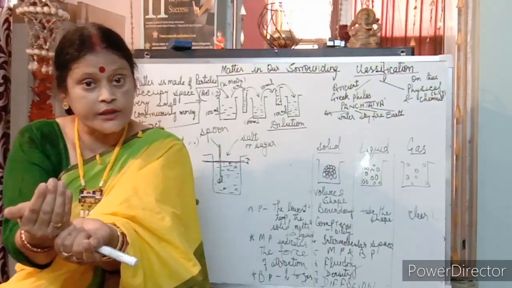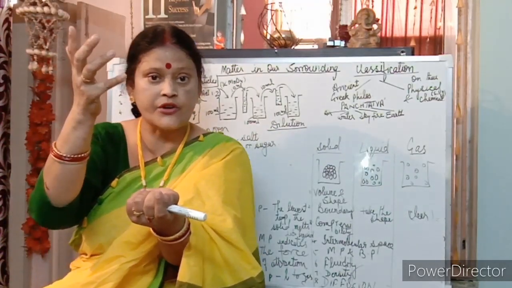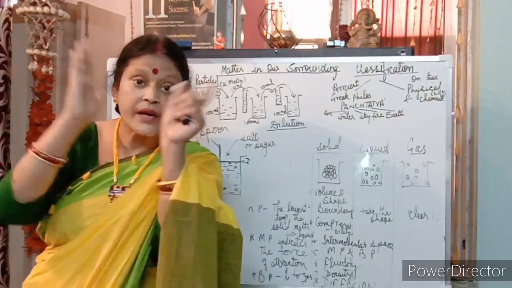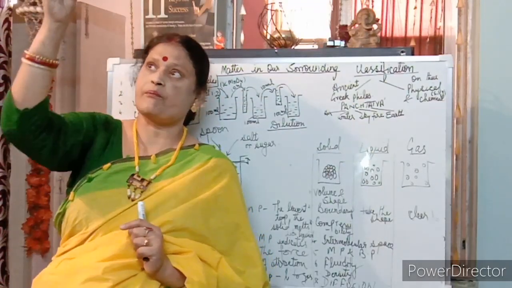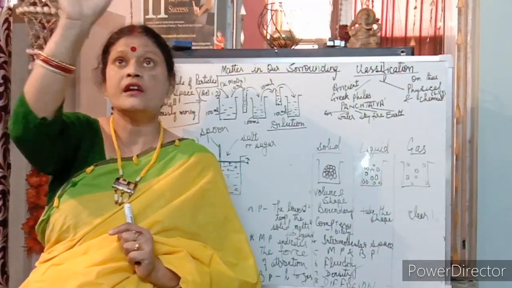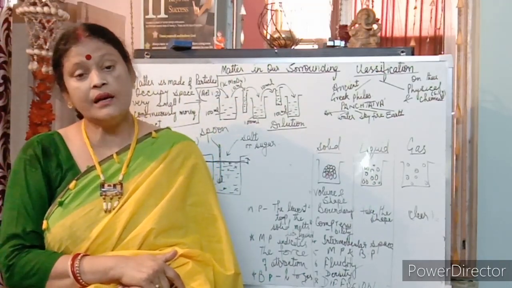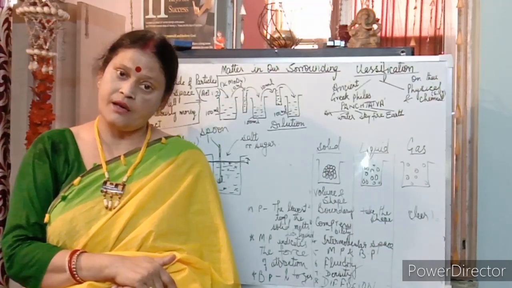But in a darker room with one slit, early morning, if sunlight enters from that slit, you can see the dust particles of the air in that flash of light. Clear? That shows that particles are continuously moving.